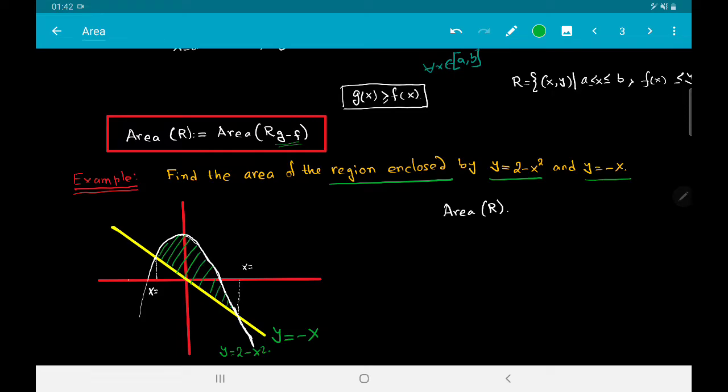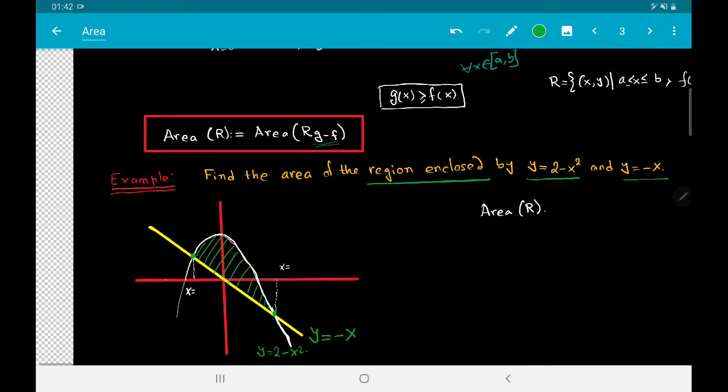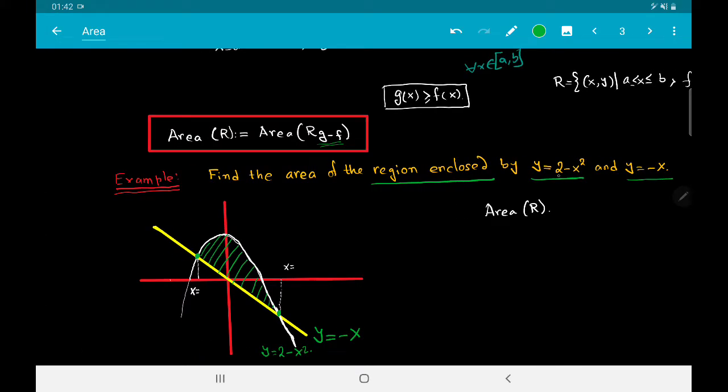In such a question, we should first find out the points at which these two curves intersect. So let us try to find that out. For that, we have to figure out when 2 minus x squared is equal to minus x.